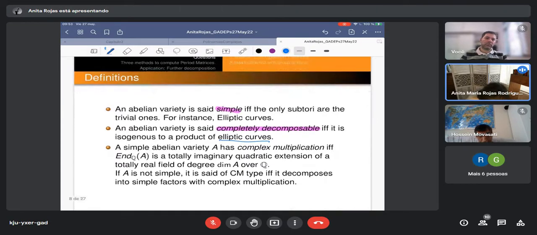And the other definition we are going to be interested in is the concept of complex multiplication.